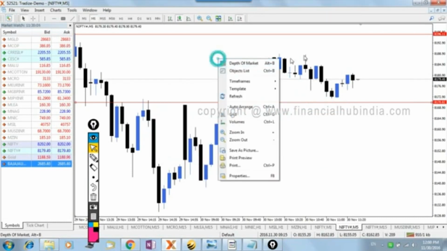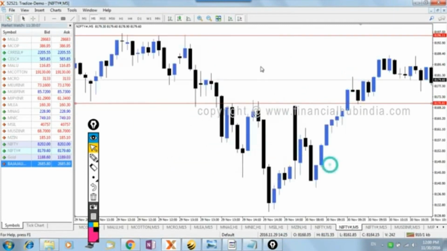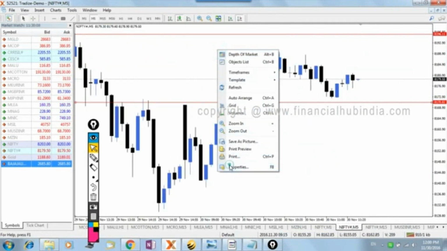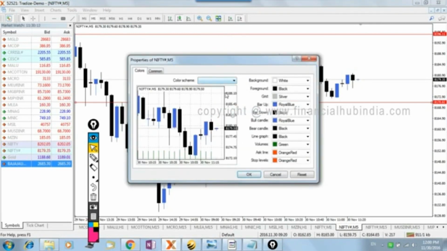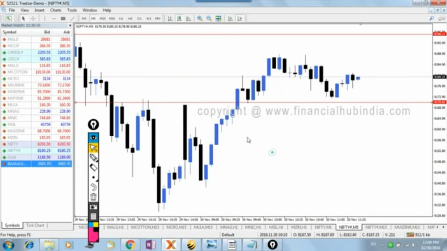Now if you want to change the colors of this chart, the candles and all, then right click, come here, and from here you can change it. When the bar is up, which color you want. When the bar is down, which color you want. What you want for the background, you can choose from here, right?